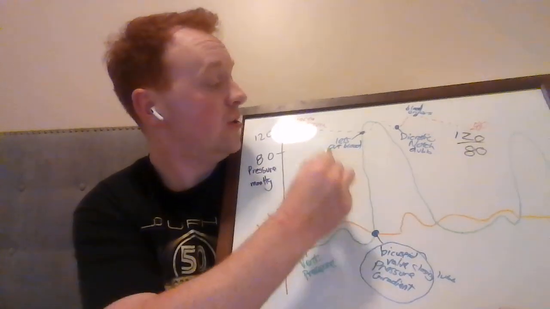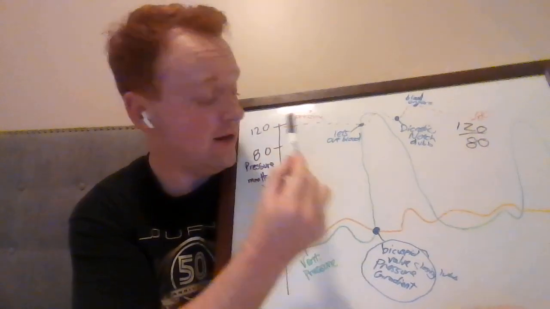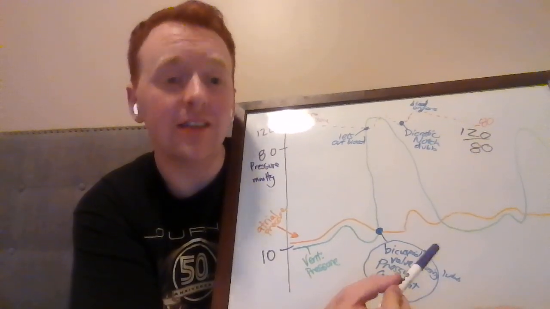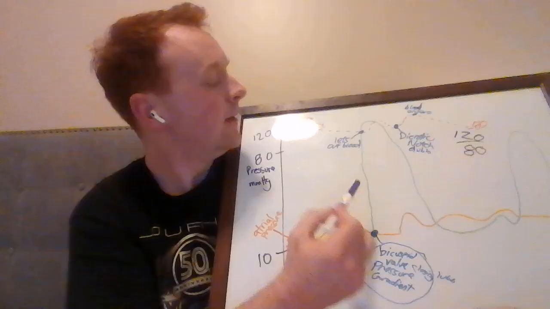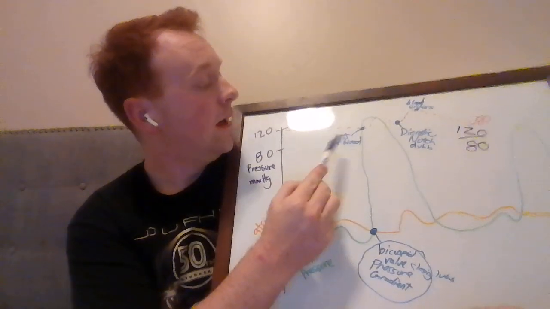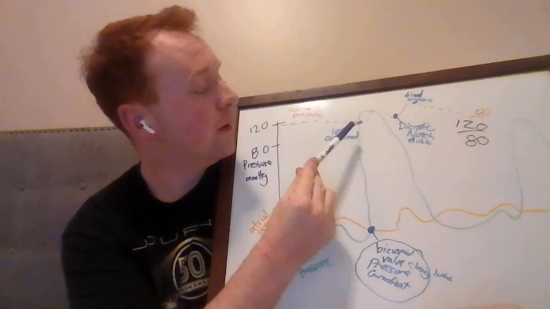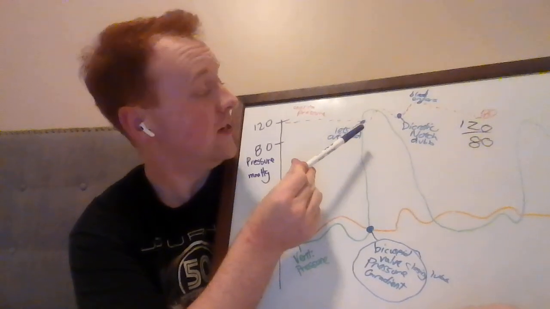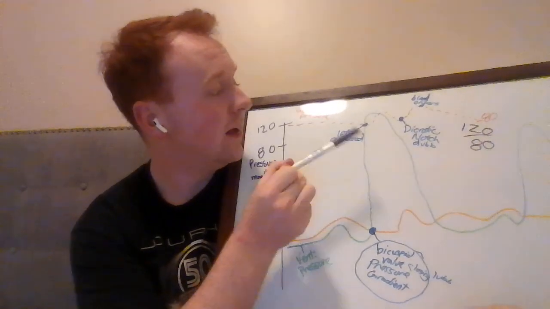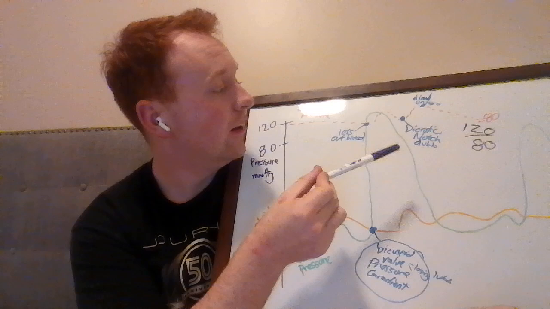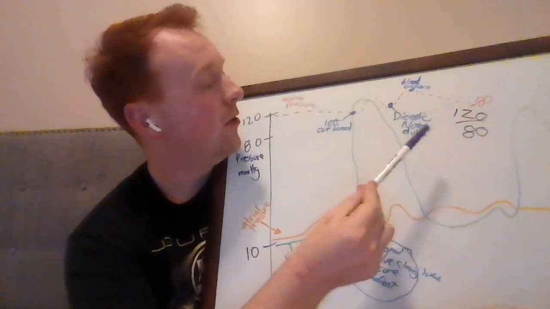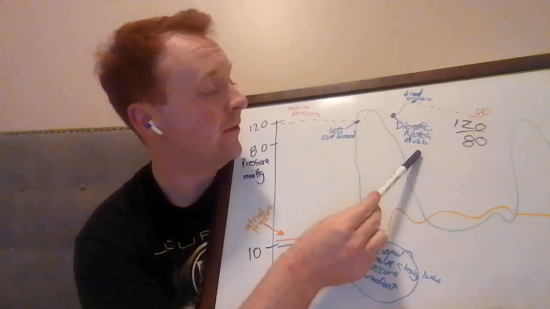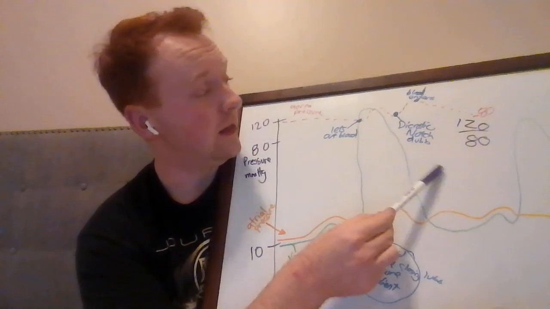The blood pressure shoots up to like 120 and the bicuspid valve closes, causing a lub noise. When the aorta pressure and the ventricular pressure, the green and red, cross each other, that lets out a little bit of blood to calm it down a little bit and creates a dicrotic notch, which closes the semilunar valve, which causes a dub noise in the heart.